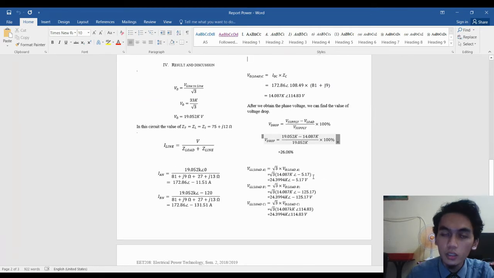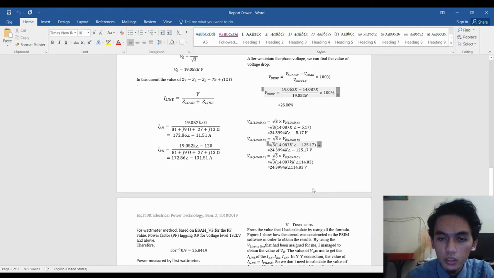Then, after we obtain the phase voltage, we can find the voltage drop, which is 26.06%. For the line-to-line voltage of load A, we will get 24.3994 kilovolt with an angle of negative 5.17, for load B, 24.3994 kilovolt with an angle of 125.17, and lastly, for load C, 24.3994 kilovolt with an angle of 104.83.